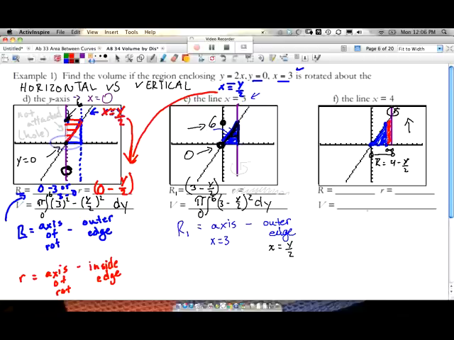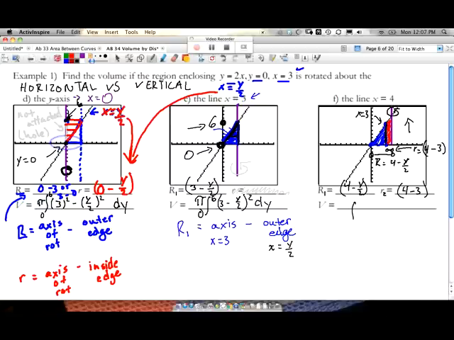Whereas little r, this inside r, is going to be 4 minus, well, what's this inside edge? What is that vertical line? Well, that's pretty easy. That vertical line is at x equals 3. So the little r is just 4 minus 3. The big R is 4 minus y over 2. We'll call these R1 and R2, just like we've been doing with the other ones.